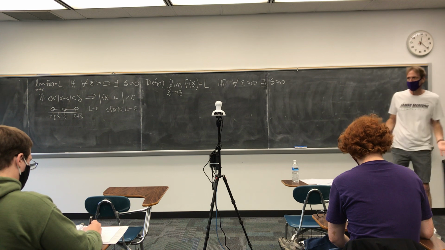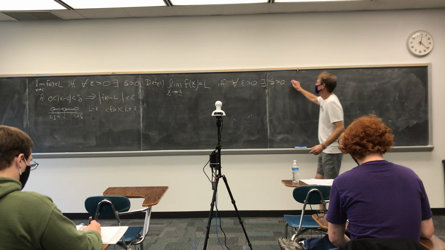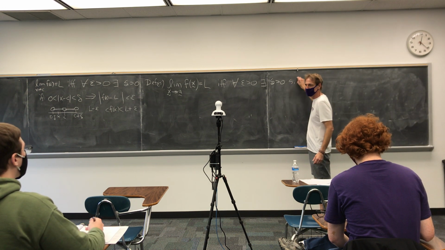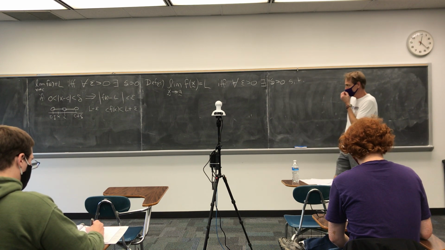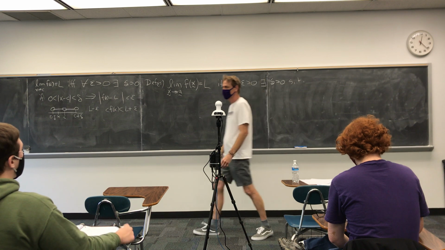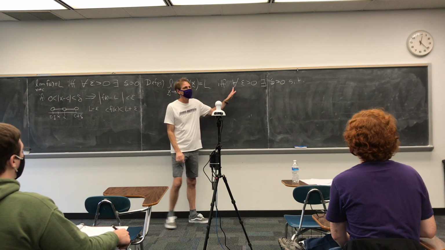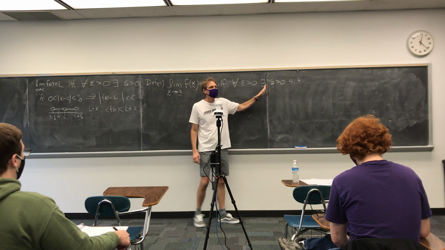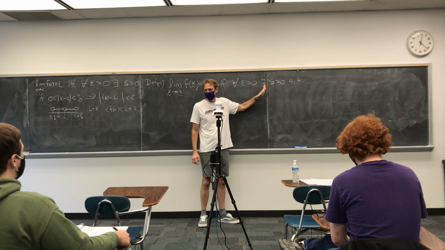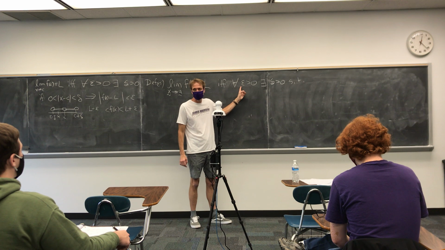I erased it: such that. That's laziness, s.t., such that. How many people are beginning to like not having to write the word for every single? And this symbol means there exists. It's just a variable.